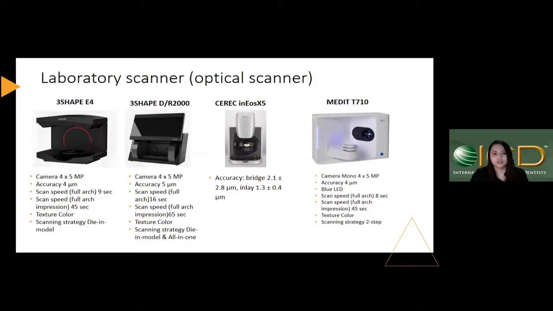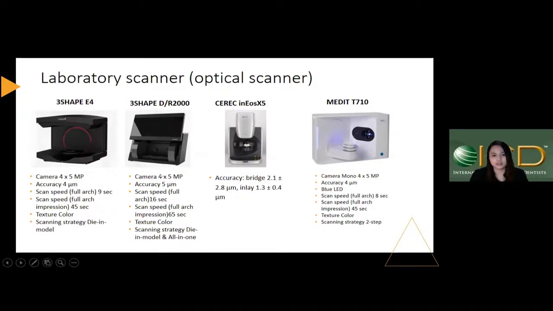When you choose a laboratory scanner, you have to pay attention to things like how many megapixels they have. For example, this one has 4 cameras of 5 megapixels each.